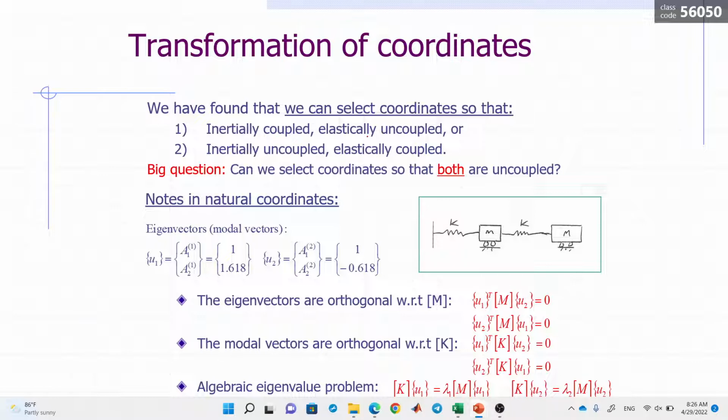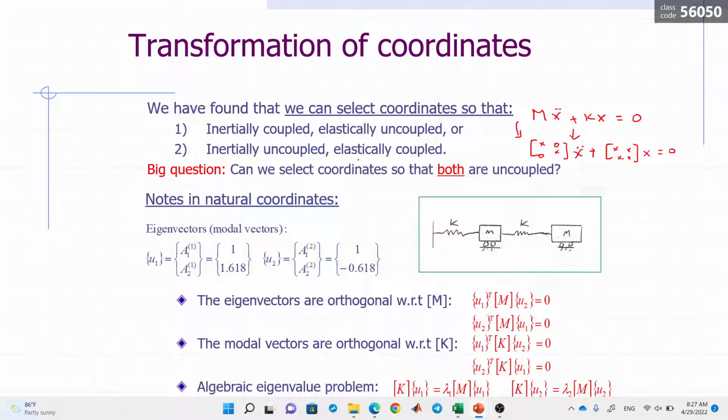Initially coupled means you can transform from the equation M h double dot plus K h equal to 0. Then you can transform to have a diagonal matrix as a factor of h double dot, plus some matrix here as a factor of h.